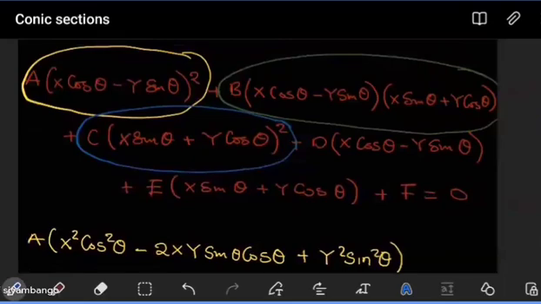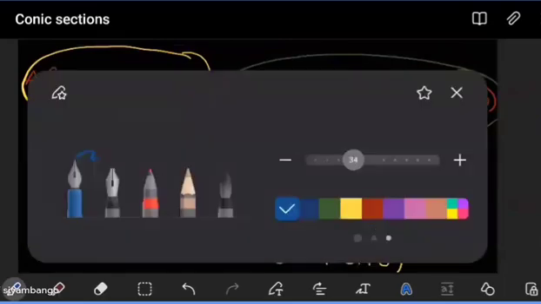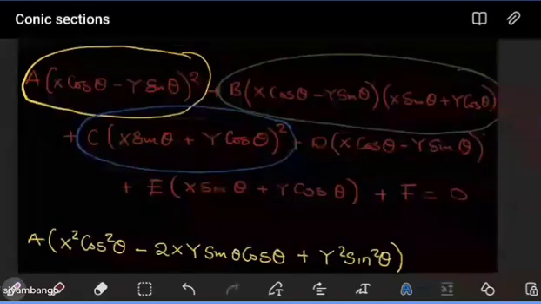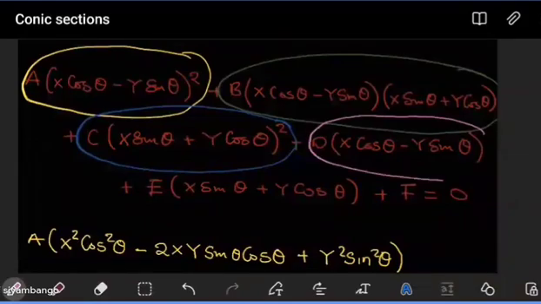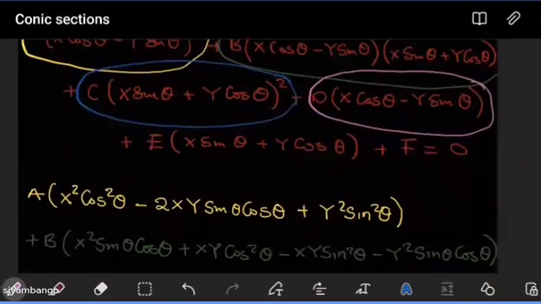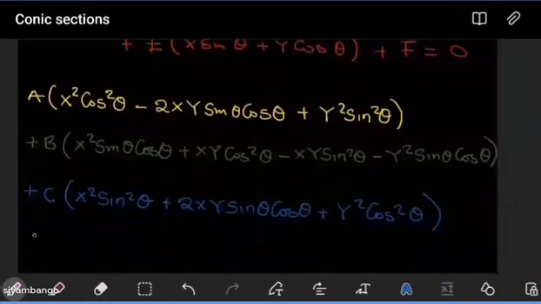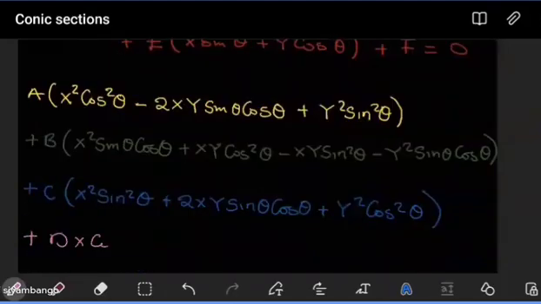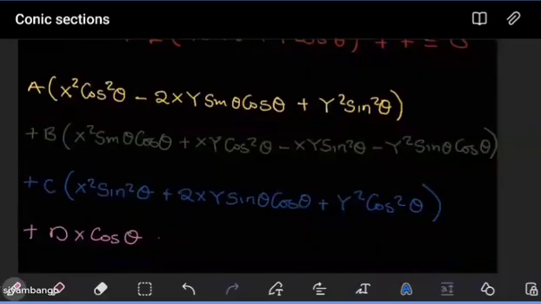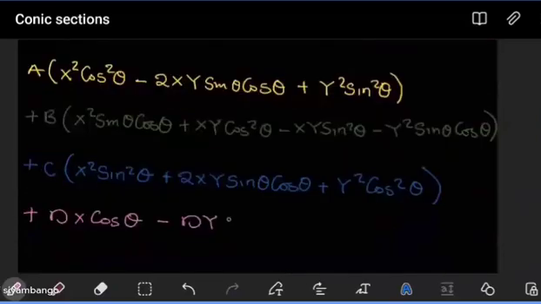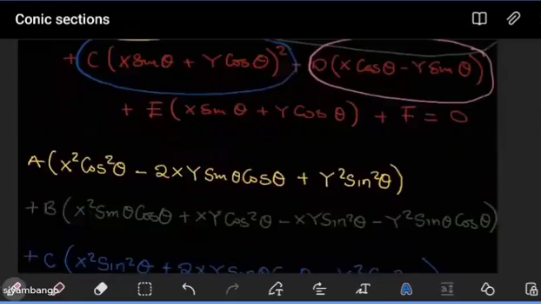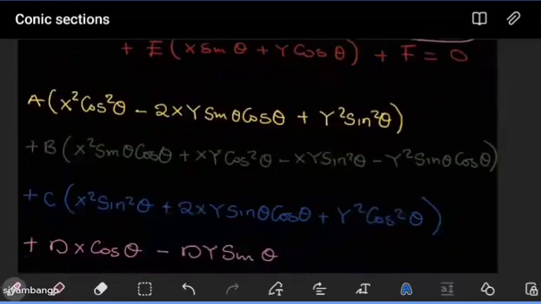Now we go to the term with a D. And let's choose a weird color. For that one, we're just distributing that D there. So it's going to be plus D, and D will multiply x cos theta, minus D y sin theta. And this one here also is straightforward.